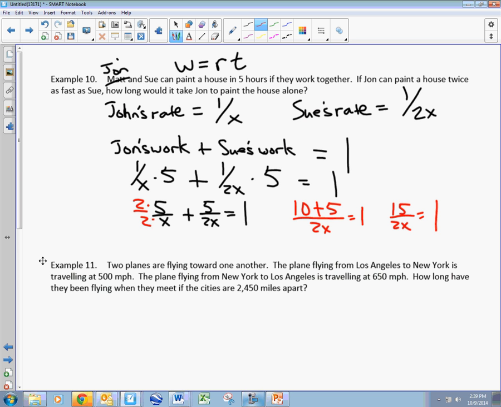How do you solve if x is in the denominator? Just cross multiply. What's 2x times 1? 2x. What's 15 times 1? 15. So if 2x is 15, what is x? 7.5.